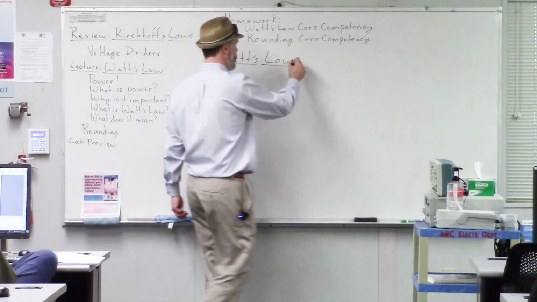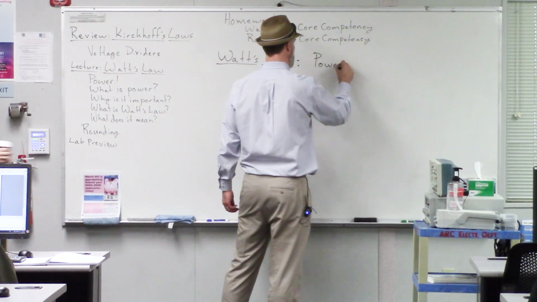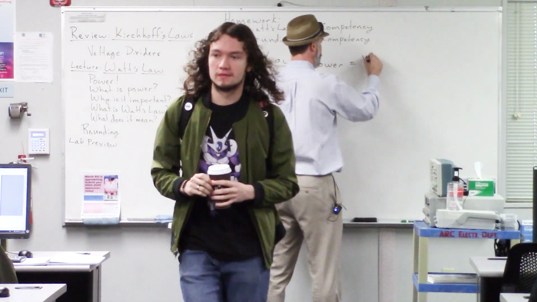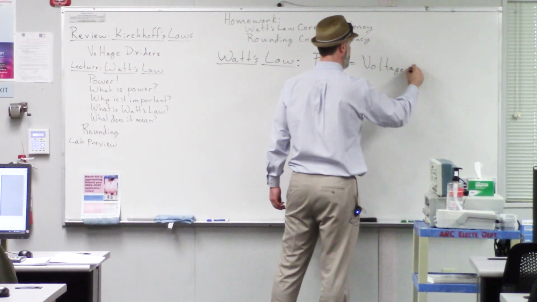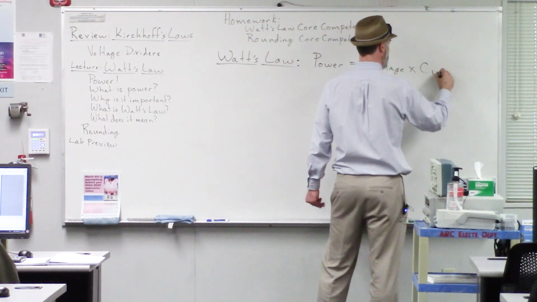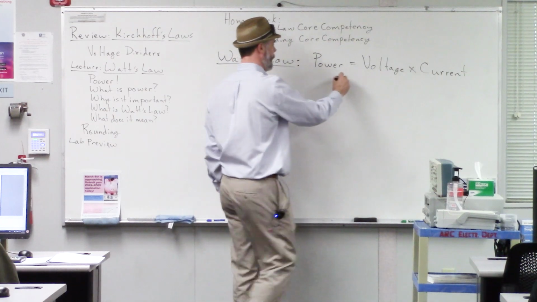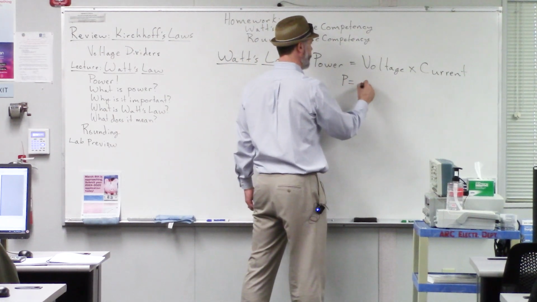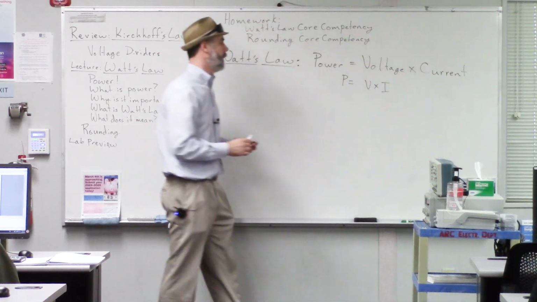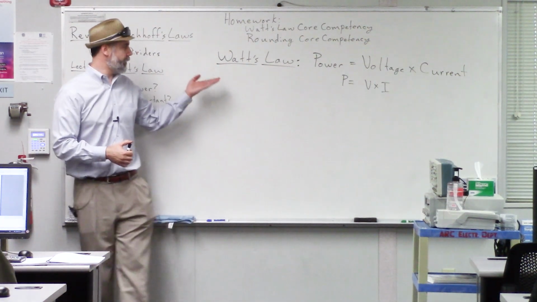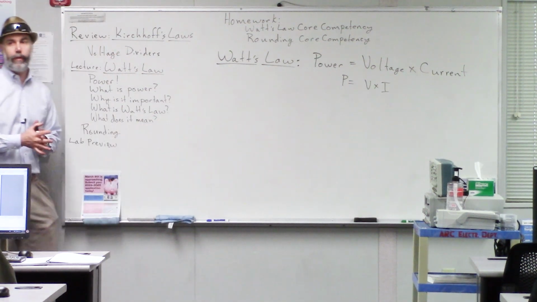So Watt's law really just says that power equals voltage times current. And these are often abbreviated, so you would say P equals V times I. Okay? So that's what Watt's law is. That's all it is. It's just a simple formula, okay? Nothing tricky about it.